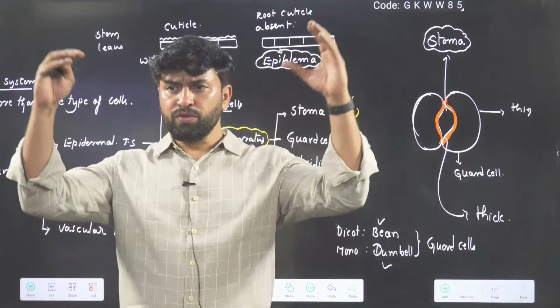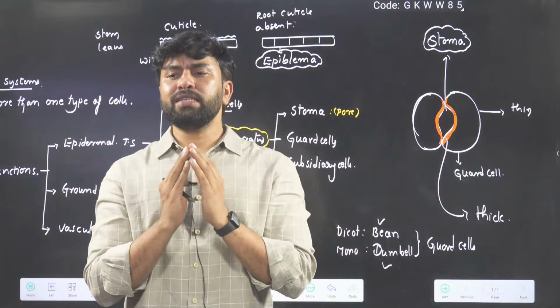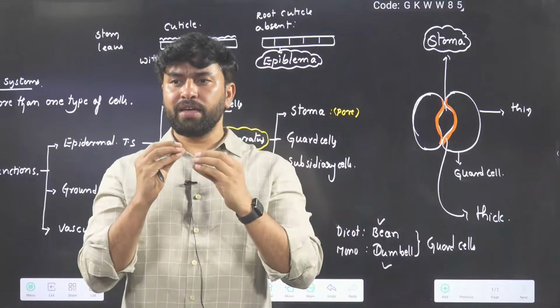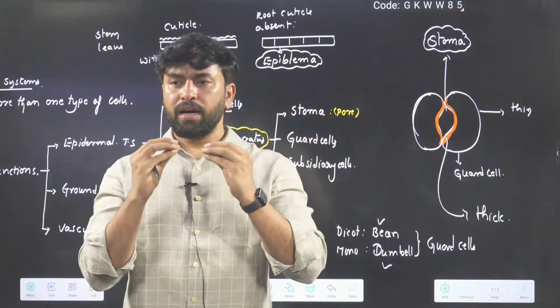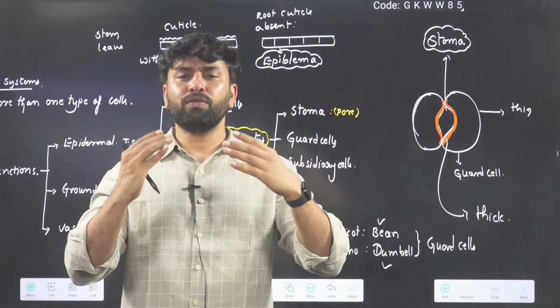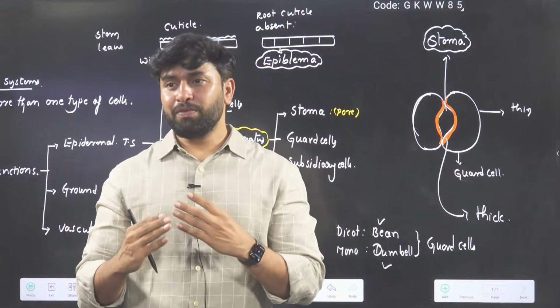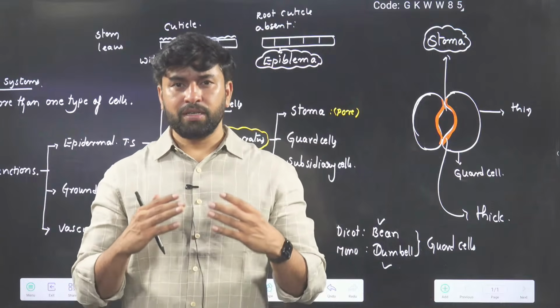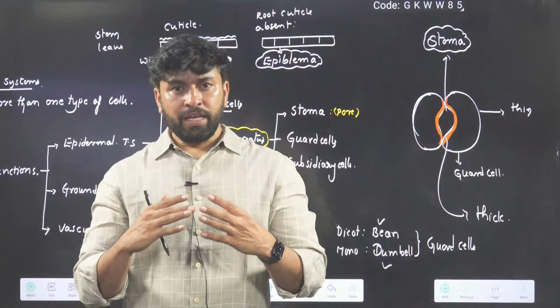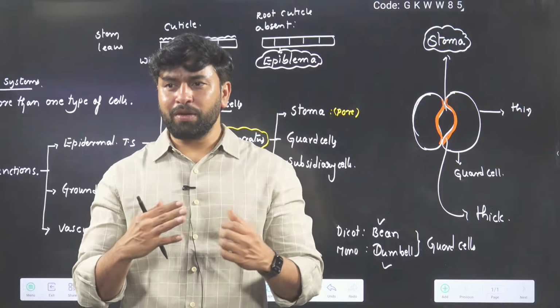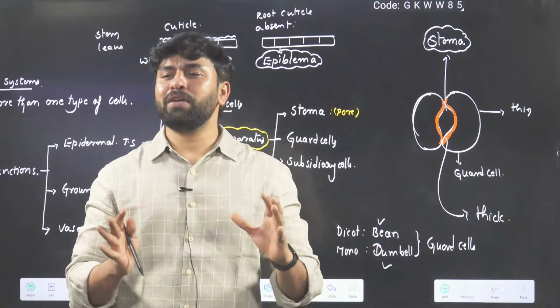Listen, stoma is a specialized design for exchange of gases and also for the removal of water vapor. Be careful, I have seen many students construe that there is an exchange of water vapor. Water vapor is never exchanged.